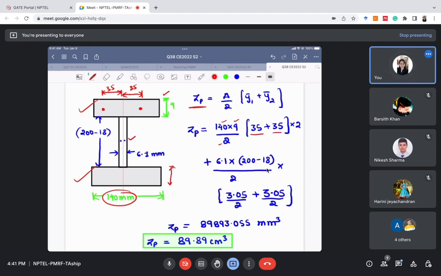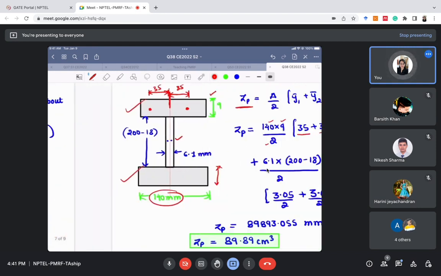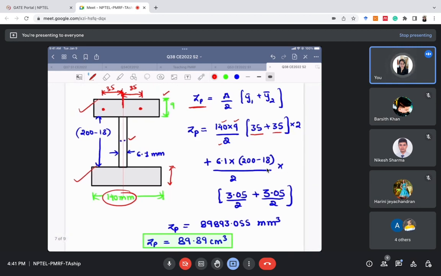What are y1 bar and y2 bar? These are the distances of CG from the axis. This is the y-axis, because we are asked the value of Mp about the y-axis. So the distance of CG from the y-axis.